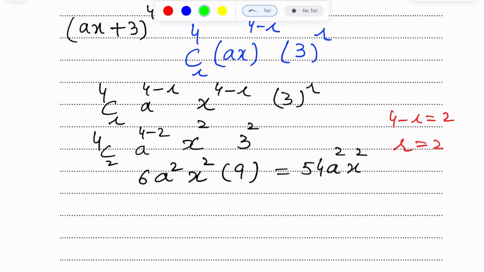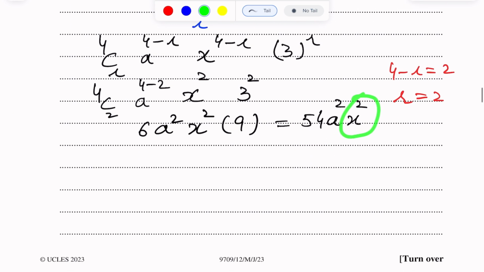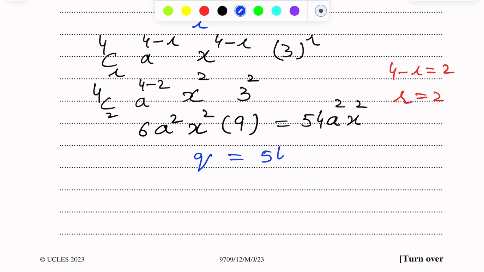So this is the coefficient of x^2. 54a^2 is the coefficient of x^2, that is represented by q. So q will be 54a^2.